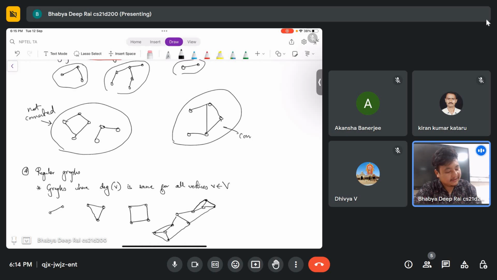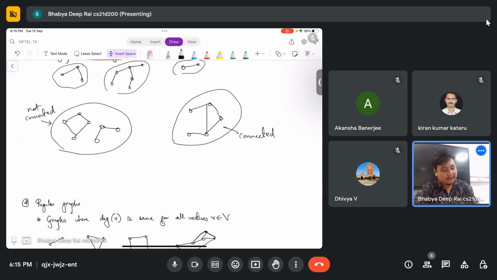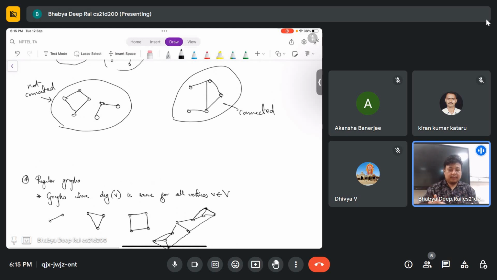This is a graph which is connected. Because you can see that there are clearly two vertices that are not reachable from each other, so they cannot reach each other, and the components that they lie in are called connected components.